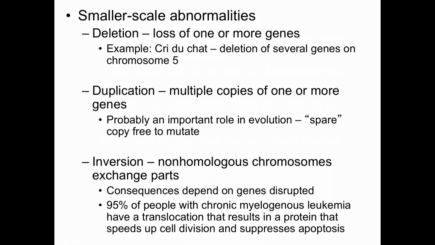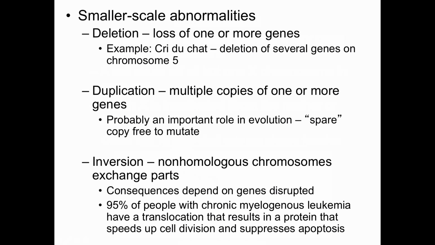And then finally, there are some smaller scale abnormalities that are worth noting. One is if we have a deletion of one or more genes. An example is a condition called cri du chat, or cry of the cat in French, which is a deletion of several genes on the 5th chromosome, and it results in what sounds like a screaming or squealing cat when the baby cries.